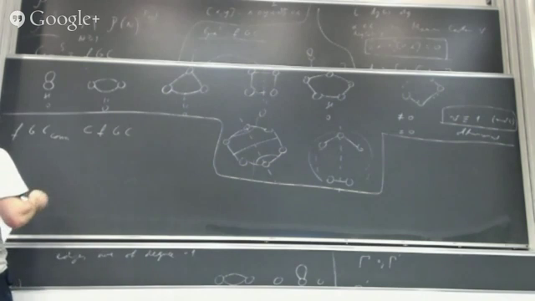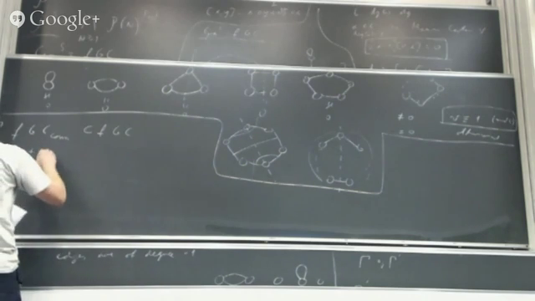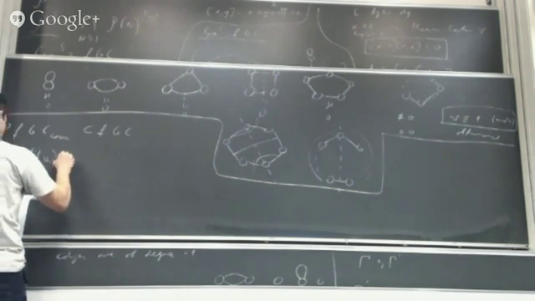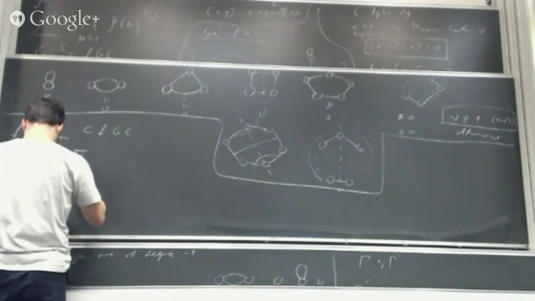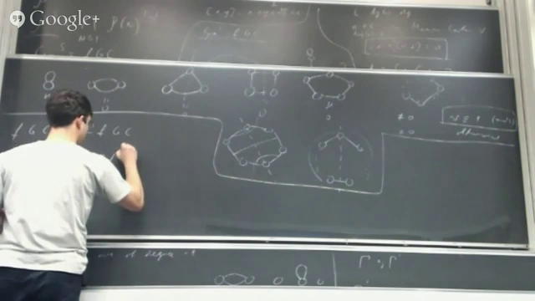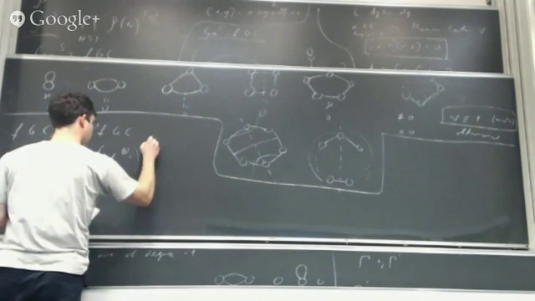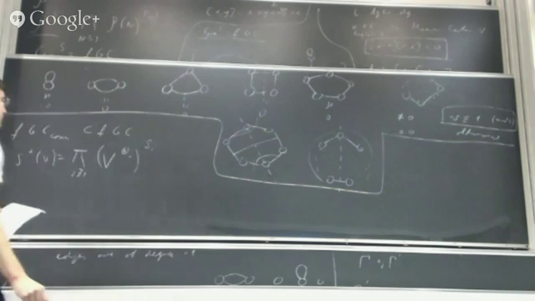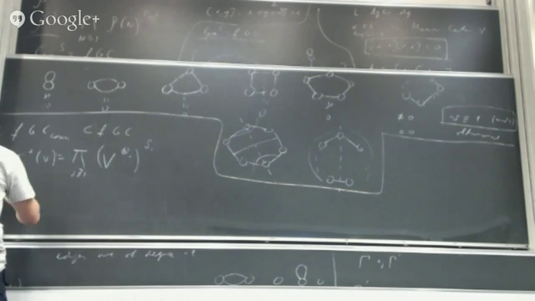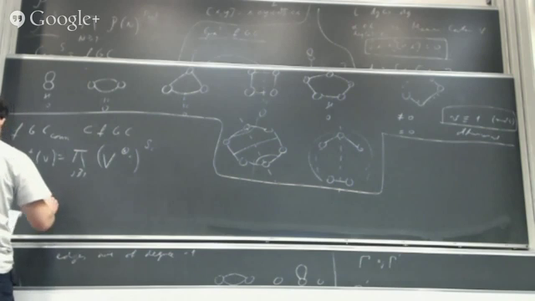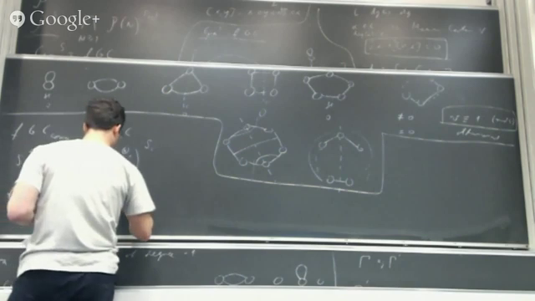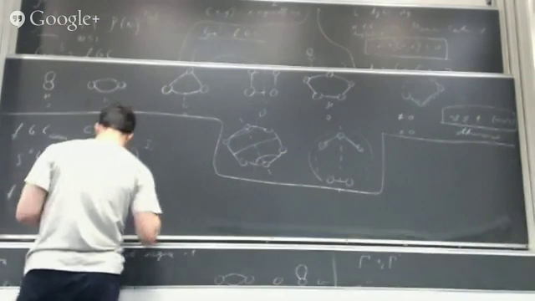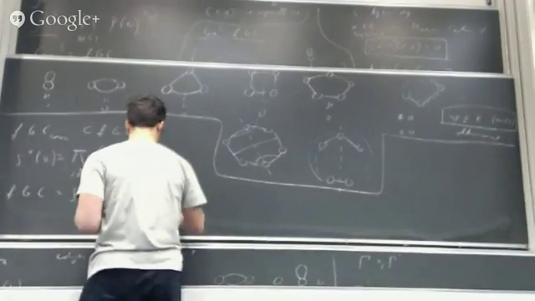And the symmetric product of a vector space we can define to be V tensor to the n, taken with S_n. This is a symmetric product, and we can see that FGC is the symmetric product of FGC con, but with some shifts.